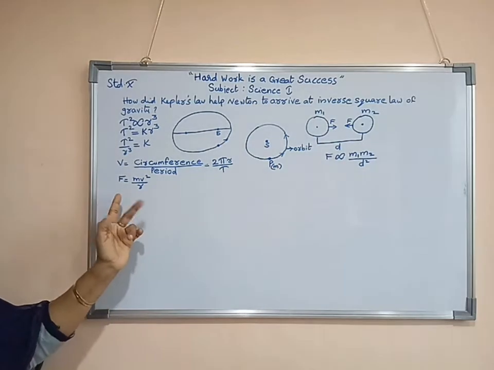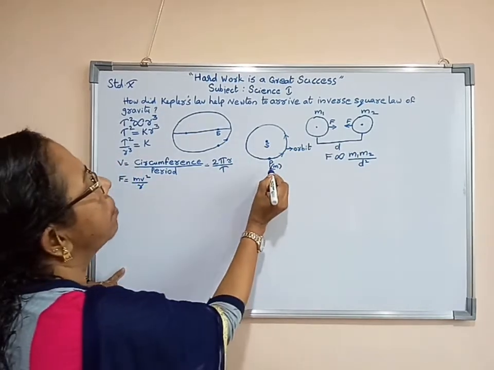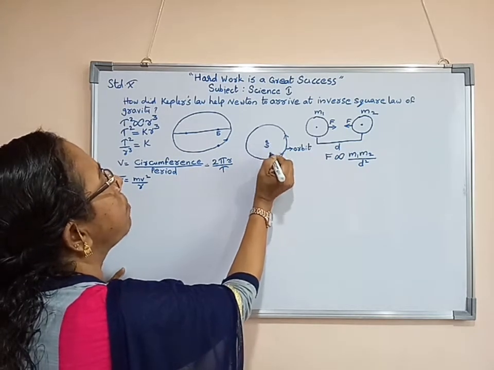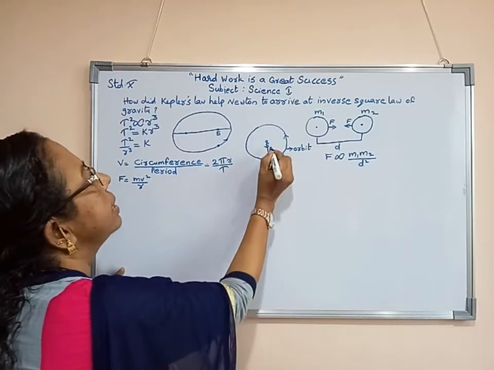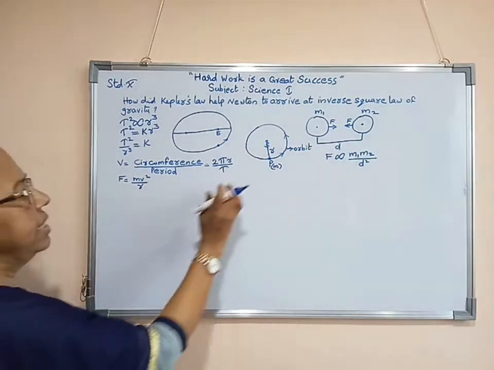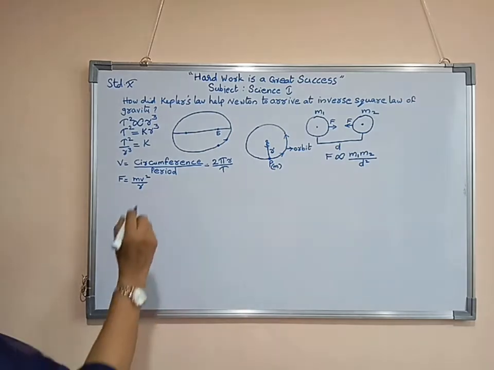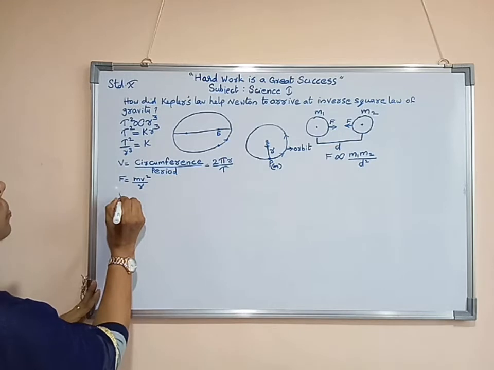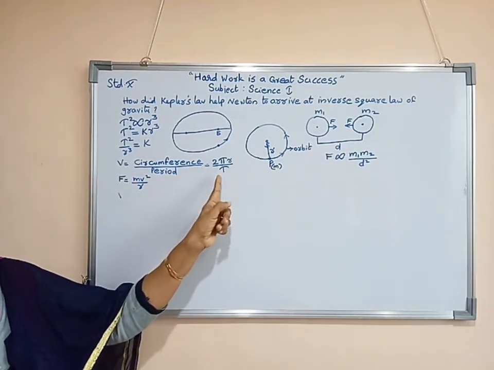Here m is the mass of the planet, r is the distance of the planet from the sun, which we write as small r. V is the velocity of the planet while it is moving around the sun. Now V here, we had studied, is 2 pi r upon T.